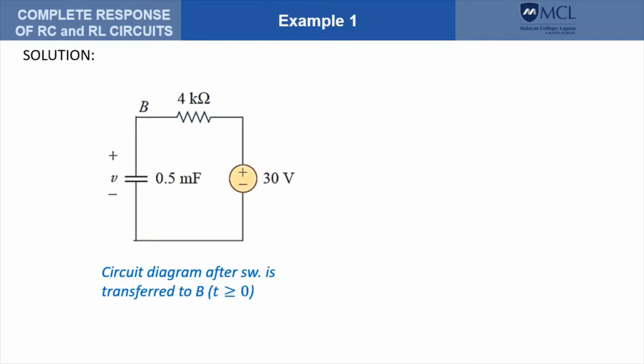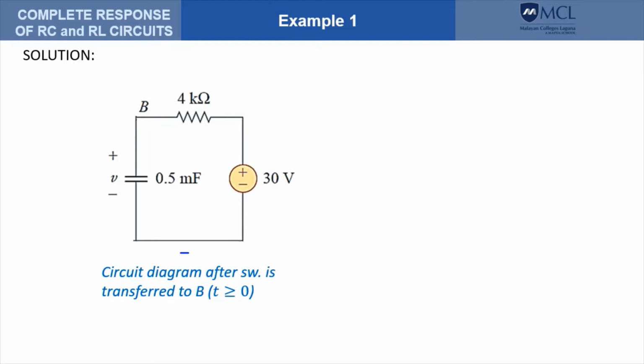After the switch is transferred to position B, this is now our circuit. We didn't include that part of the circuit containing the other voltage source, although that circuit is active because it is a closed circuit. But since we're only concerned with the parameters involving the capacitor, we only focus on this part of the circuit.